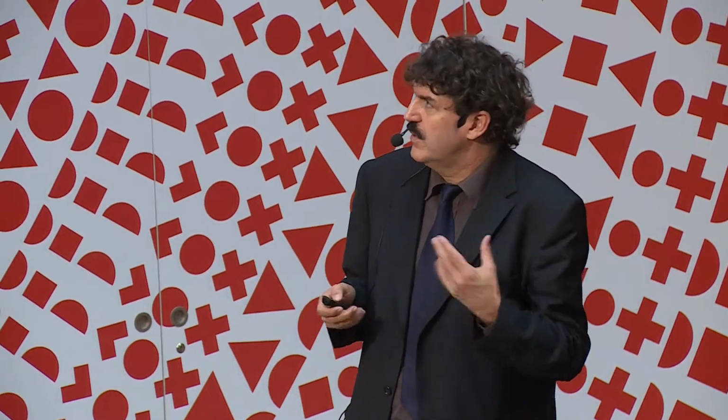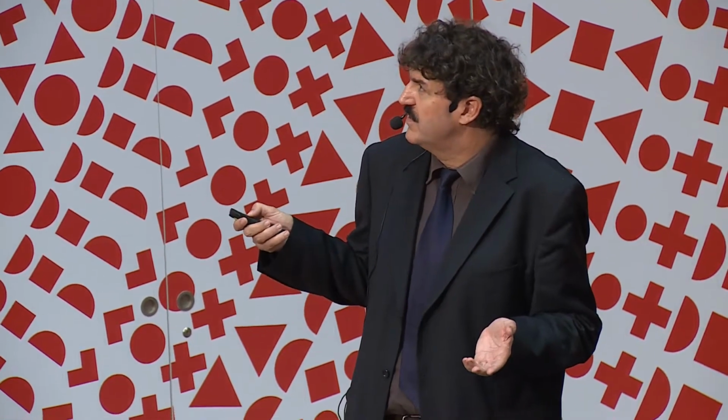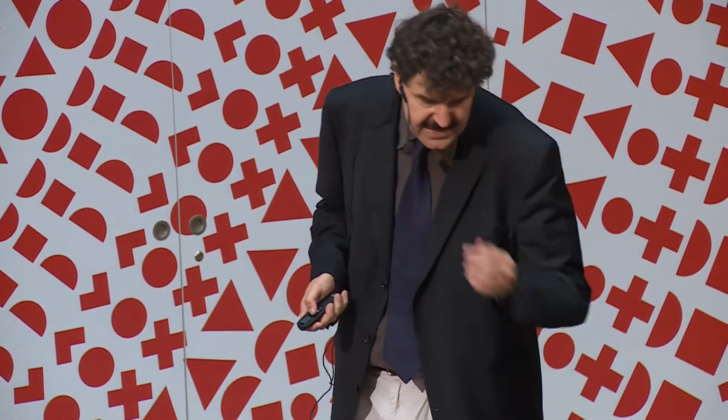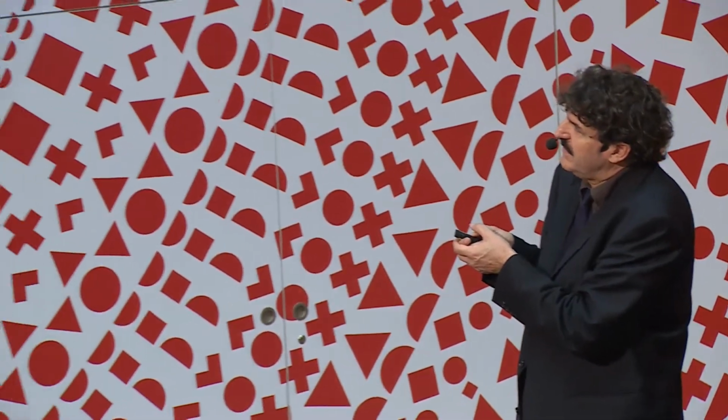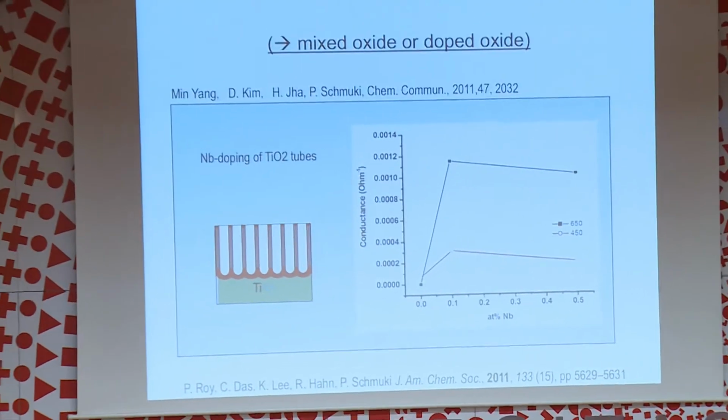So if you want to grow something like niobium-doped tubes or tantalum-doped tubes, you can form an alloy, and in the structure that is formed, this oxide is going to be incorporated. This is an example where we had titanium niobium alloys and grew titanium niobium mixed oxide structures.